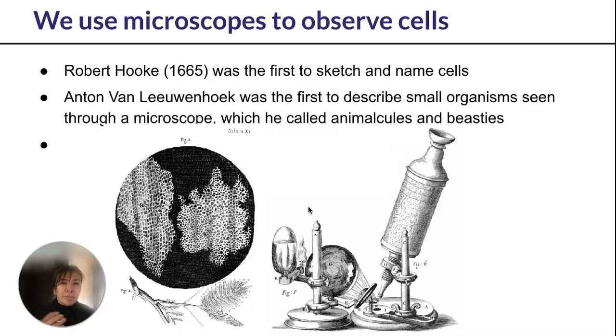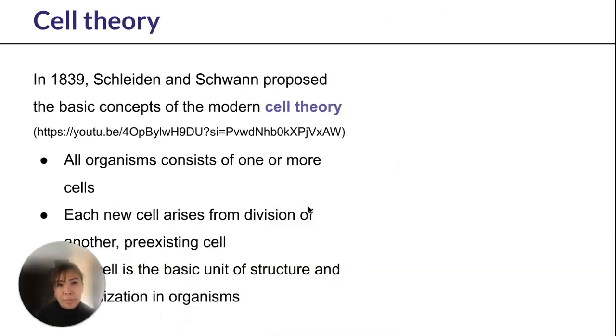By the 1950s, we were able to use microscopes that use electrons instead of light. If you recall in lab, we're using microscopes that shine light through the specimen. But these scientists used electrons, and they found that they could observe the different structures inside the cells. And that's when we were finally able to start observing organelles.